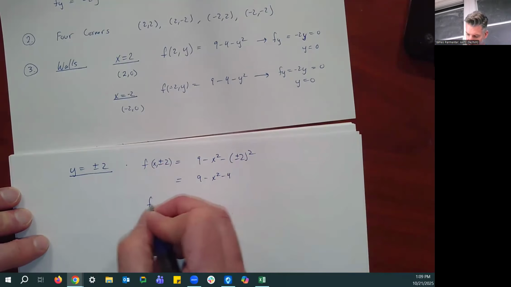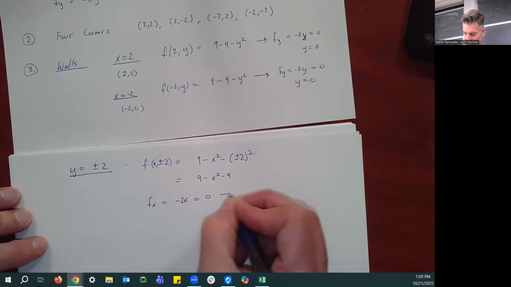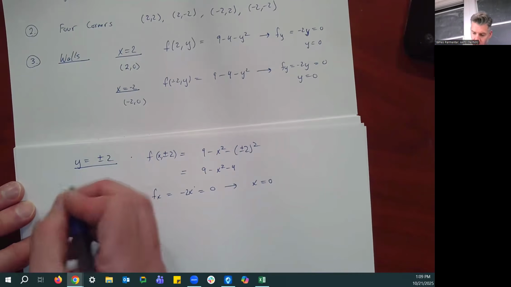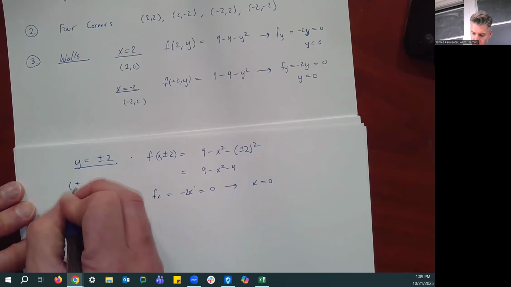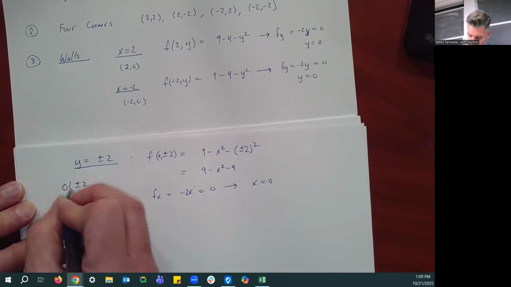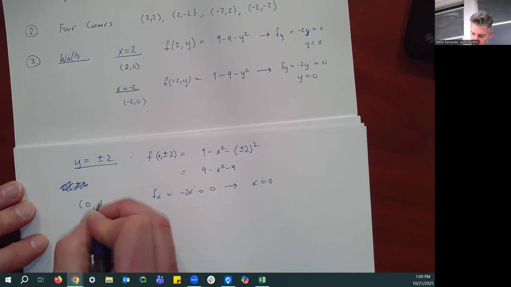And the partial derivative is going to equal negative 2x, which is going to give us x equal to 0. So we get 2 more wall critical points. Gosh, I keep wanting to write the y part first. Let's just try that again, James. X is 0, y is plus or minus 2.